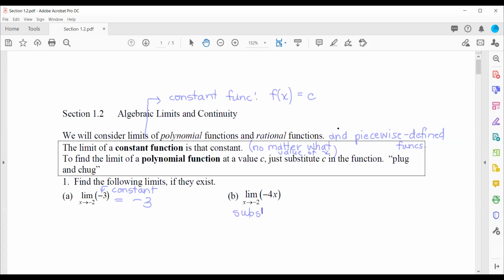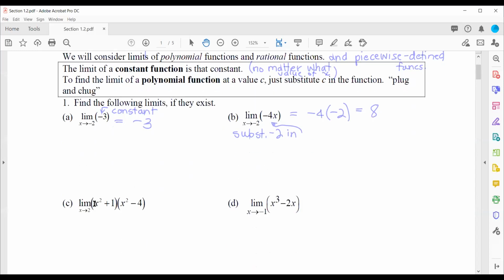We simply substitute -2 in the function. -4 times -2 is 8. And so again, right away, you see that that's the simplest case, polynomial function.